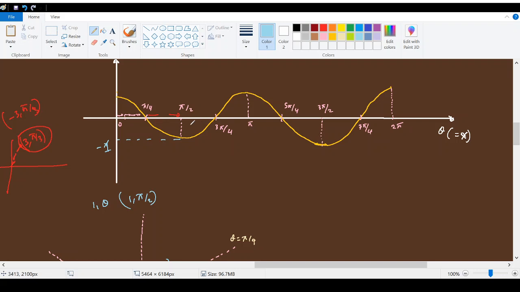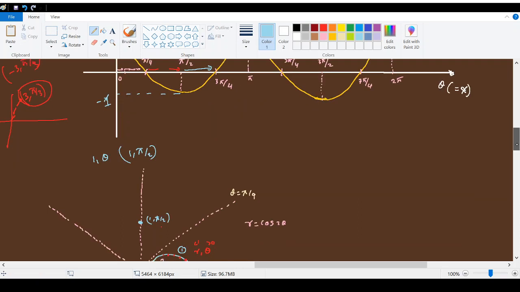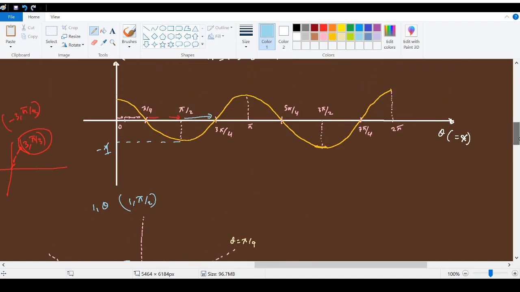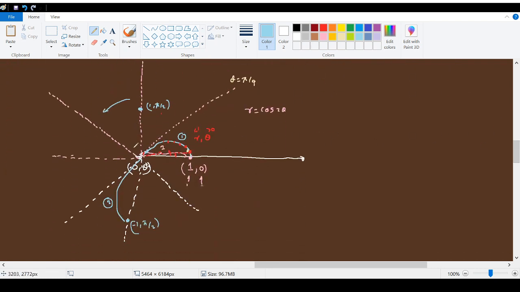And how about the rest? When theta increases from pi by 2 to 3 pi by 4, that means from here to here, then also you will have negative radius values. That means you will be getting points in this region, right?